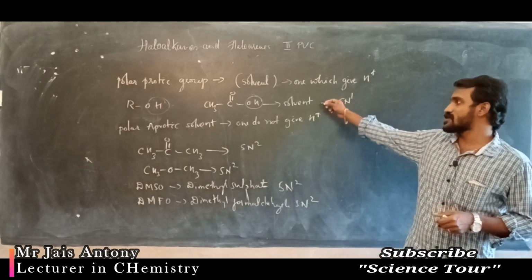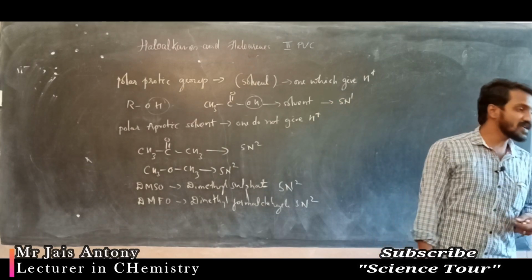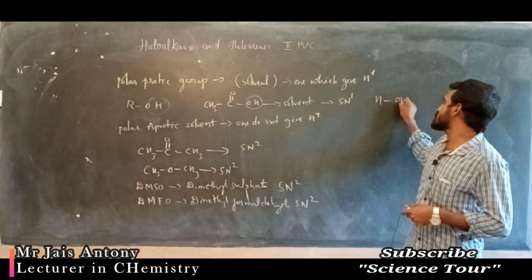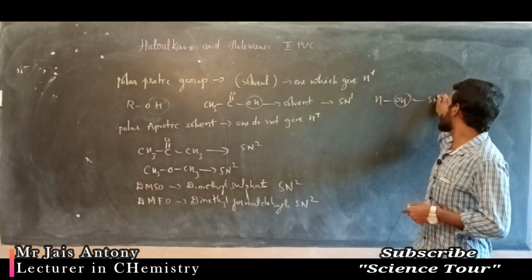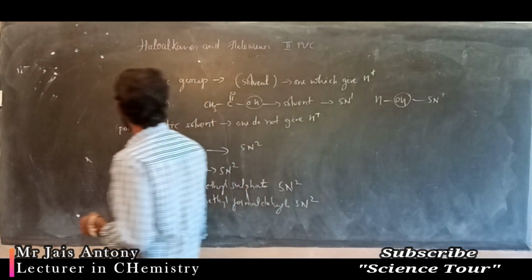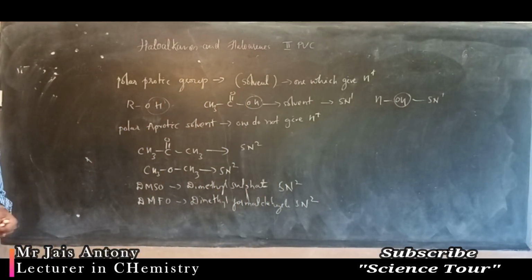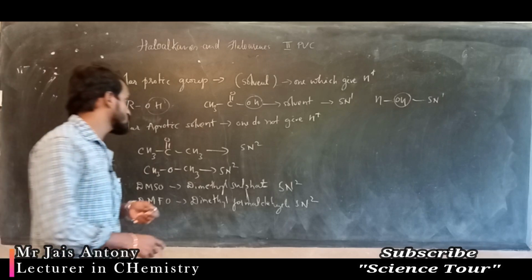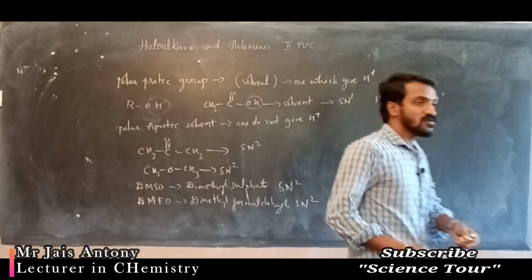Note down these solvents, very important. If water is used, then it is SN1, because water gives H plus. So a polar protic solvent, one which gives H plus, always favors SN1. A polar aprotic solvent, one which does not give H plus, always favors SN2.